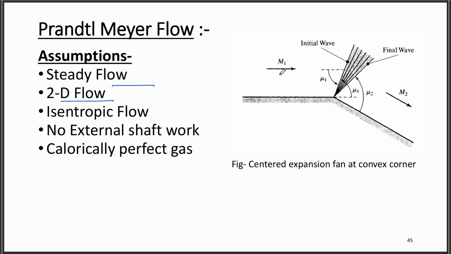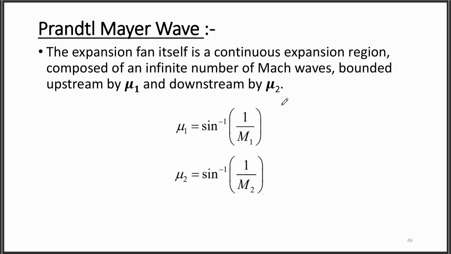So if we know the Mach numbers M1 and M2, we can get the initial wave angle, which is called the Mach angle, for both mu1 and mu2. So mu1 is given by sine inverse 1 by M1 and mu2 is given by sine inverse 1 by M2.